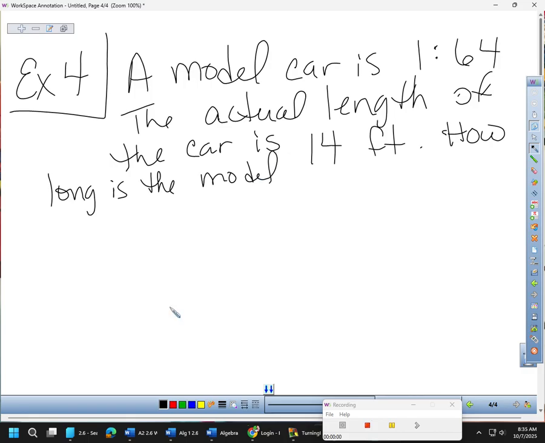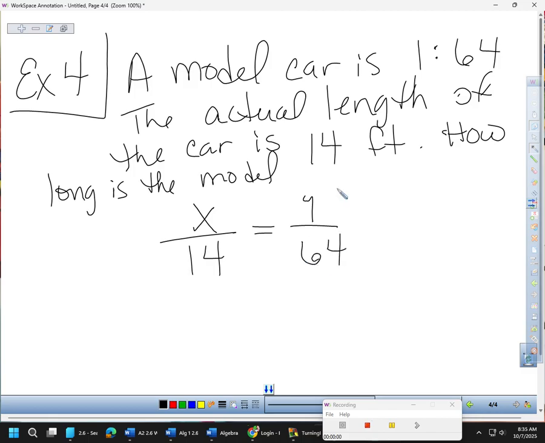All right. So first of all, usually we do our given information over x, but in this case, I have the actual car length. So I'm going to go x over 14 equals our ratio, or our scale, as they said, which is 1 to 64. All right, so now we cross multiply. As I said, I like to go in the direction of x.